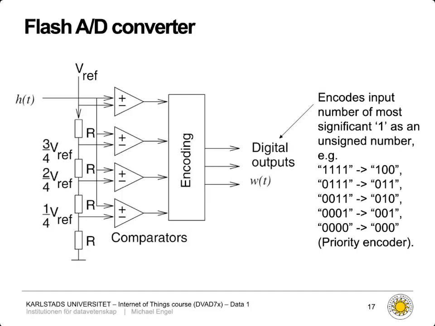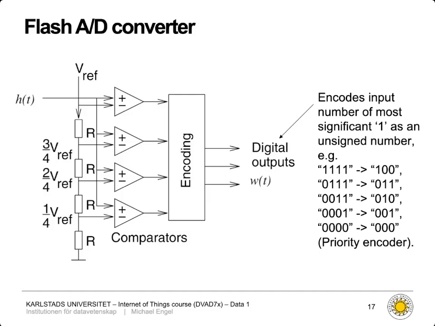Essentially, a resistor results in a voltage drop, and on each of these resistors, 1/4 of our original input reference voltage drops. So if we have 5 volts Vref on the top and we have 0 volts ground on the bottom, then we have steps of 5 volts divided by 4, so 1.25 volts each.